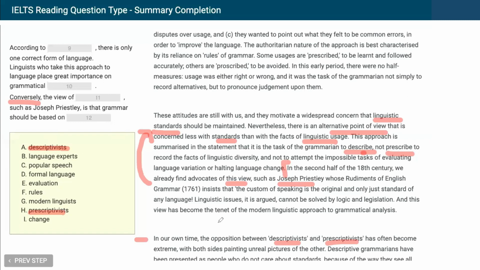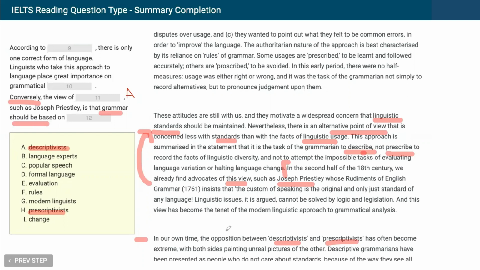But you see how it wasn't contained in just one sentence. In order to be 100% confident, we used different bits and pieces from this section. All right, in any case, we can rest assured that 11 is a descriptivist, and we have to think more again about the grammar. So let's continue reading because we have to see that the grammar should be based on something.